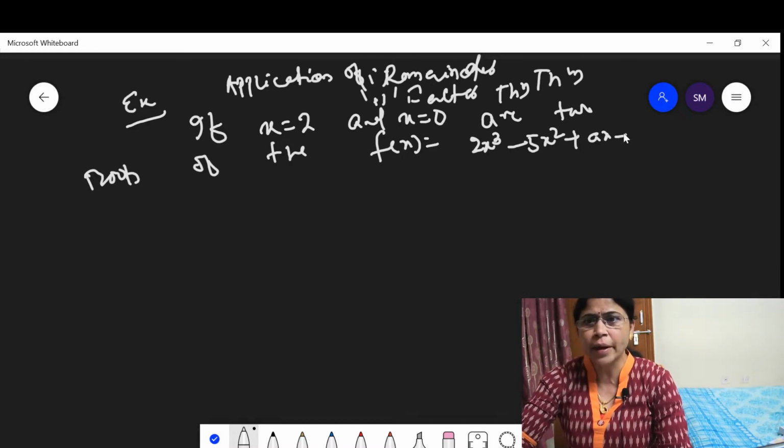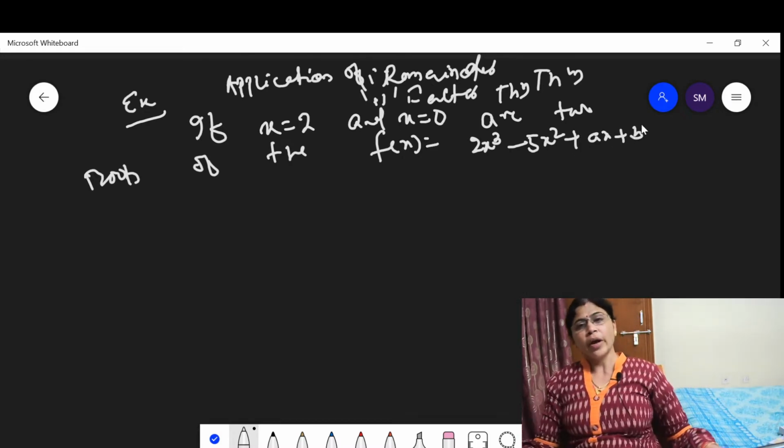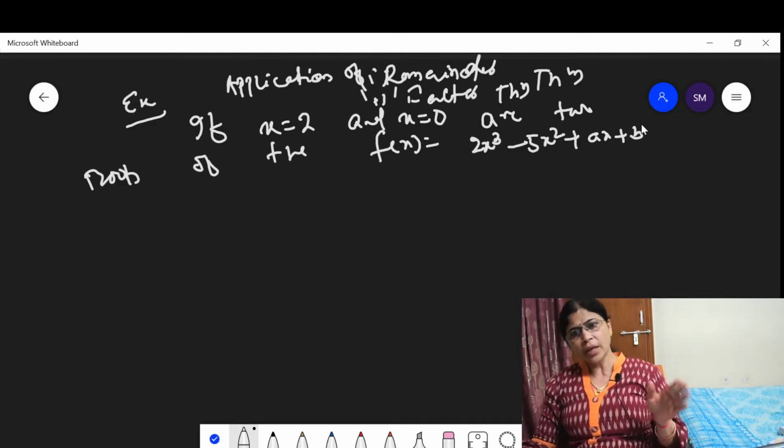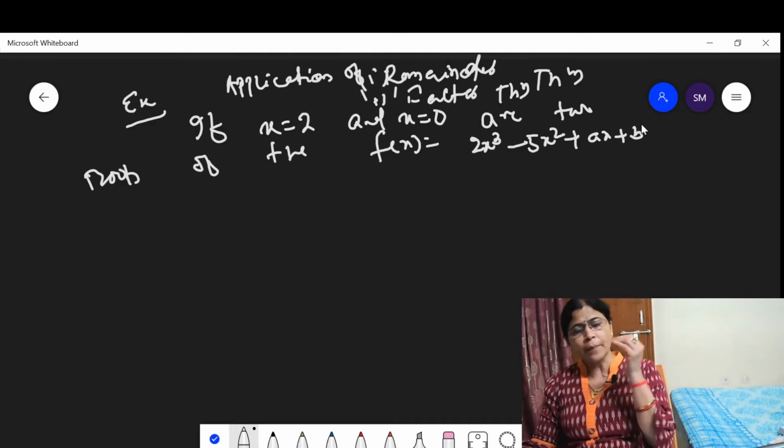And it is very important, students, when you try to divide, always keep the degrees of the polynomial in descending order.